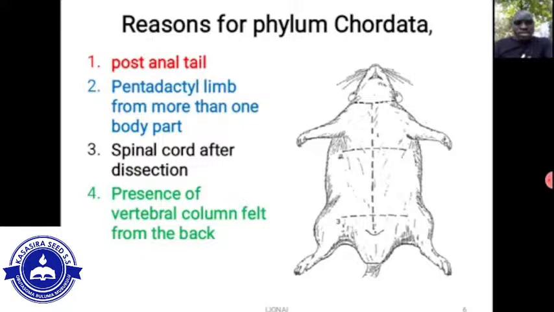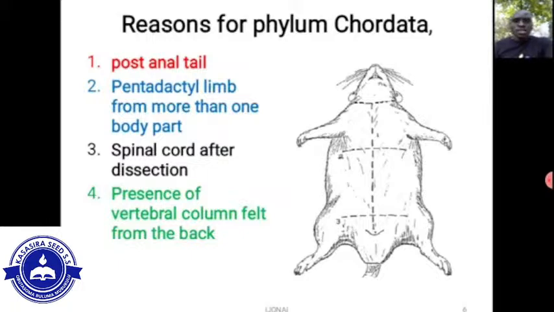But in the other chordates, like the rats, there are very many, and you can easily see the caudal vertebrae forming the tail. Then they all have what we call the pentadactyl limb from more than one part of the body.